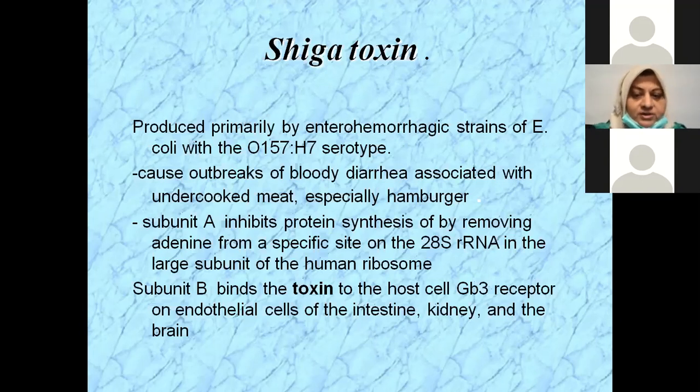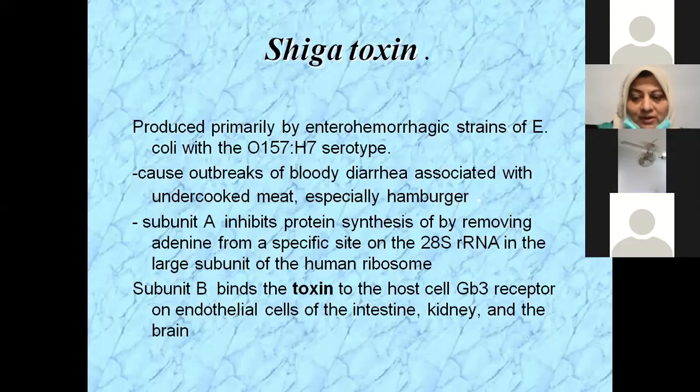So Shiga toxin is secreted by Escherichia coli with the O157:H7 serotype. This is a bacterium that causes bloody diarrhea, and this is associated with fast food. So be very careful when you go to fast food restaurants, especially hamburgers were implicated in this type of infection.